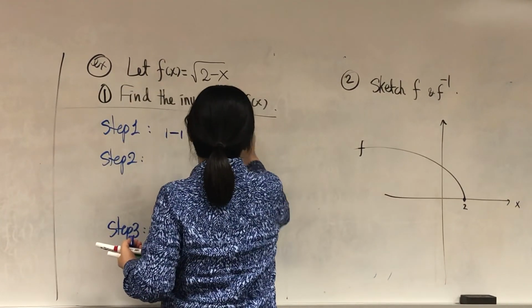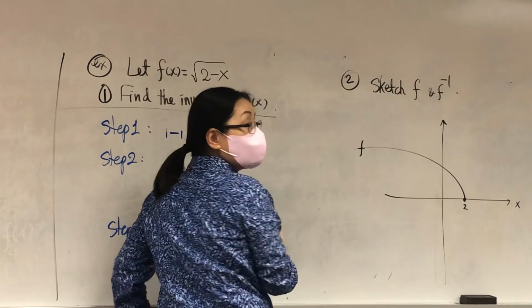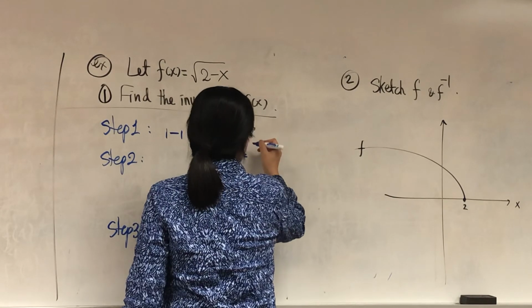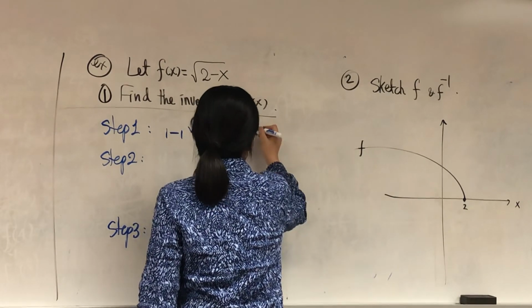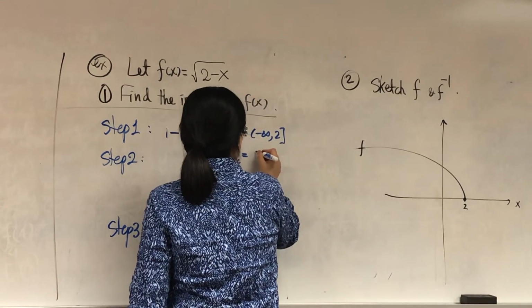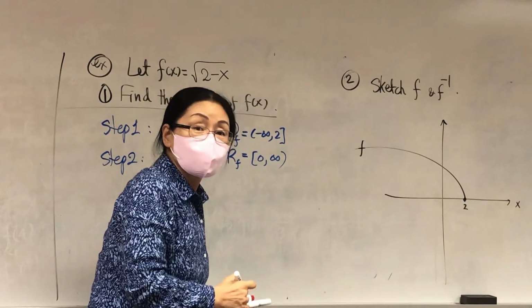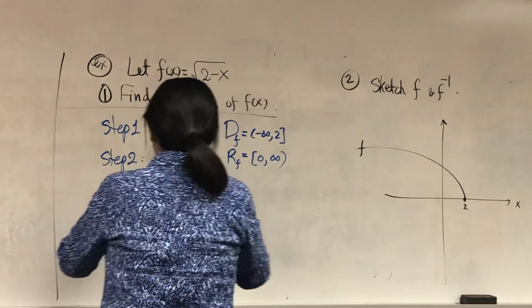Let's check it. What is the domain? What is the range? So we have the domain, two, bracket. What is the range? 0 to infinity. Yes, good. Keep going. Solve.